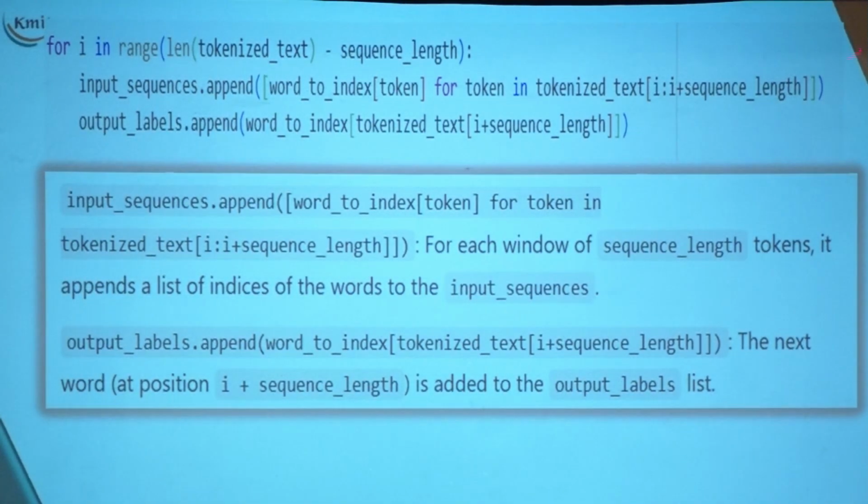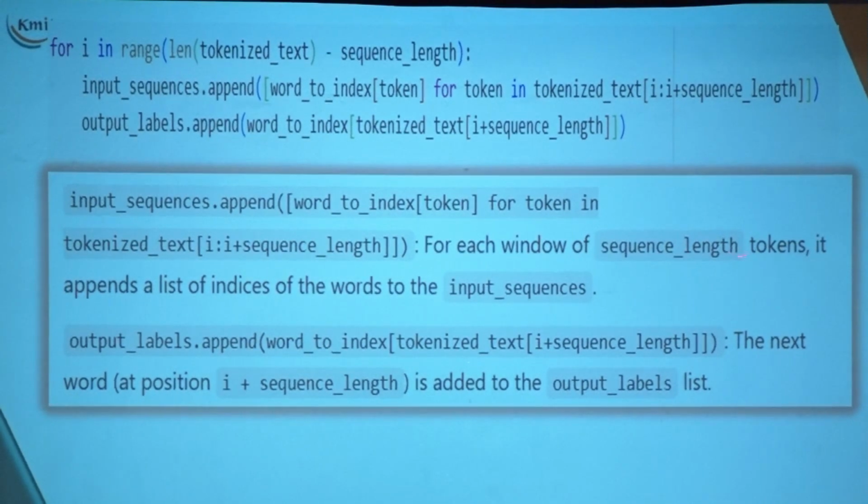So for each window of say 5 tokens that you have defined, it appends a list of indices of the words to the input sequences. So input sequences you kept as an empty list. You will be tracking your 5 words coming across the tokens and you would be appending those indices. You already generated word to index, so those indices will be appended to that empty list here.